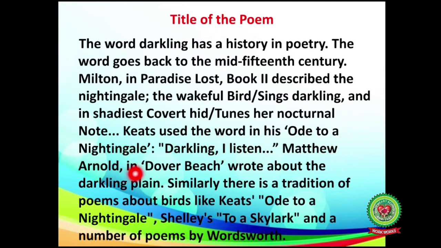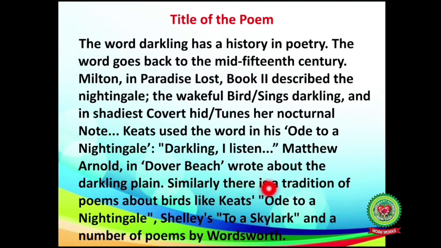Matthew Arnold in Dover Beach wrote about the darkling plain. So as discussed earlier, the word darkling was used by other poets in the past. John Milton, in Paradise Lost, Book 2, used the word darkling to describe a nightingale. Similarly, John Keats and Matthew Arnold used the word darkling to refer to a bird and a darkling plain respectively in their poems.